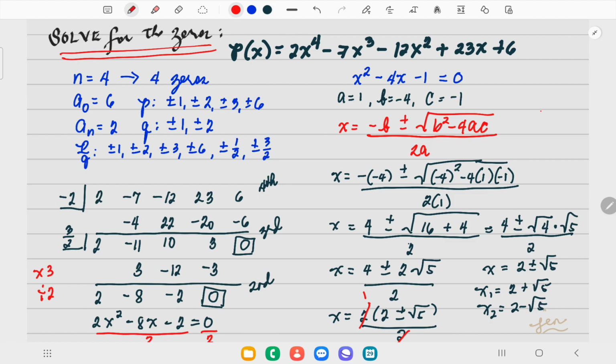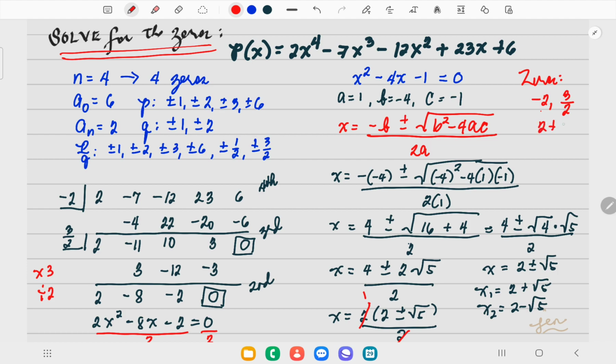Thus, if we have to list down all the zeros, I will make use of the available space here. So what are the zeros of the polynomial function? We start with the first two rational zeros. That would be negative 2 and 3 halves. And then we have here the two radical roots or the irrational roots.